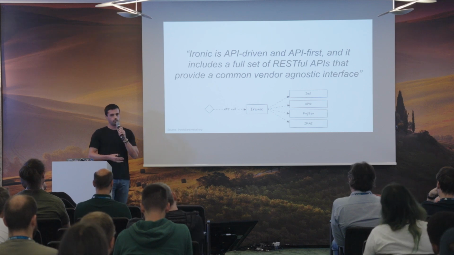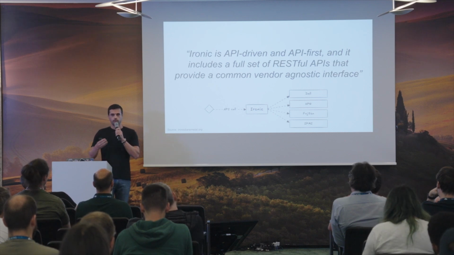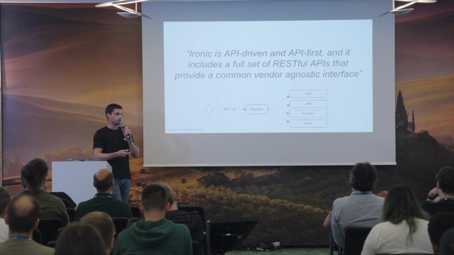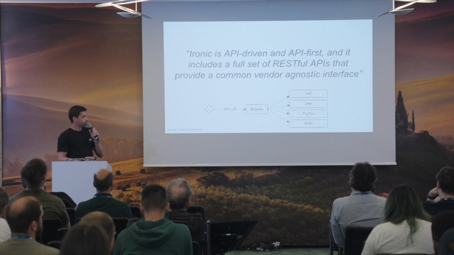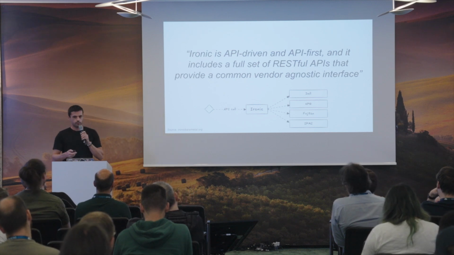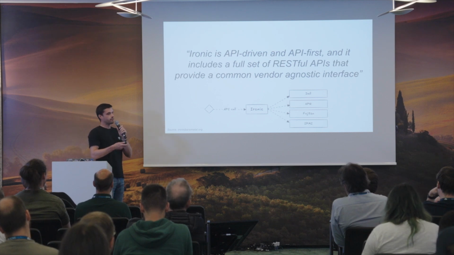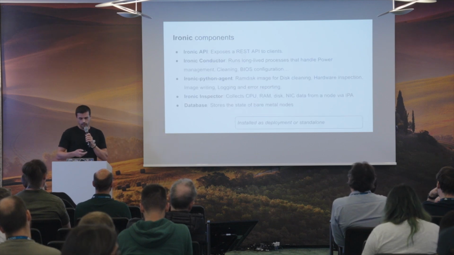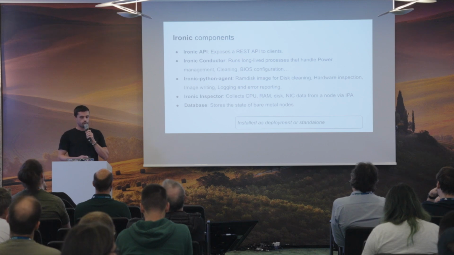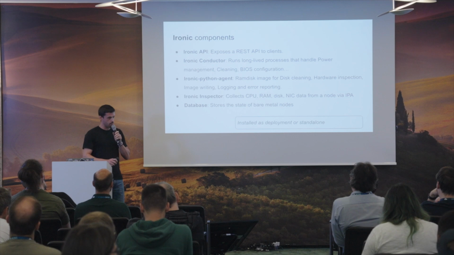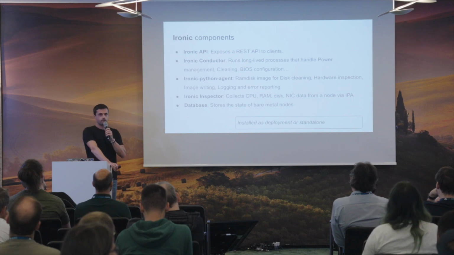So we don't have to know Redfish by heart or to know any other specific protocols like iDRAC, IPMI, Fujitsu, all these things. So it kind of obfuscates all these for us. And it's made of a bunch of components. So we have the API, which exposes our Ironic API for us. This is what bare metal operator is going to talk to.